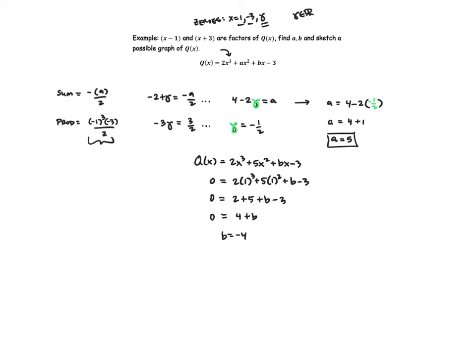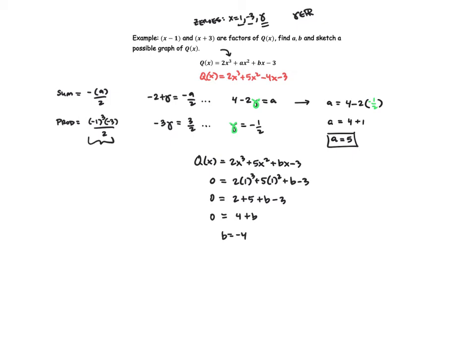Therefore, it says sketch a possible graph of q of x. Okay, hold on, let's rewrite q of x: 2x cubed plus 5x squared, oops, not plus, minus 4x minus 3. So let's take a look at the graph of q of x.